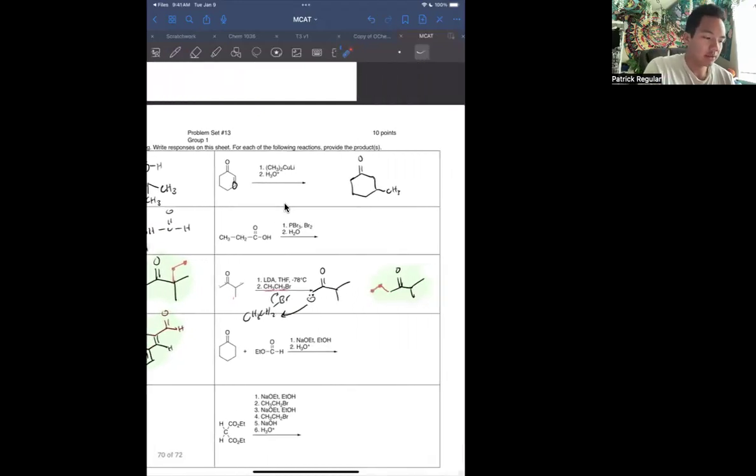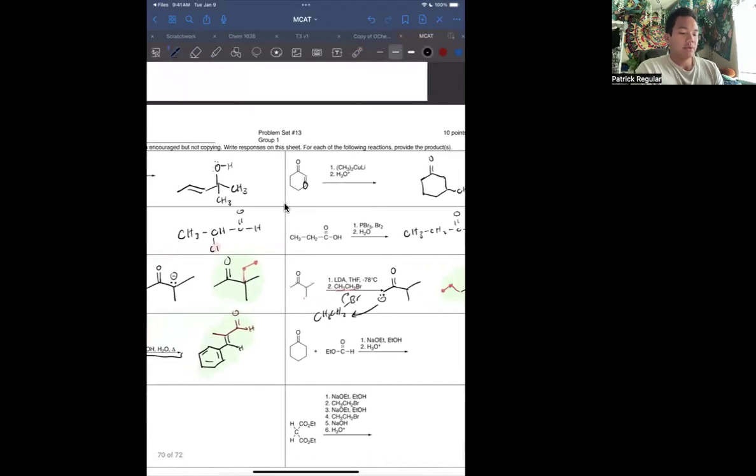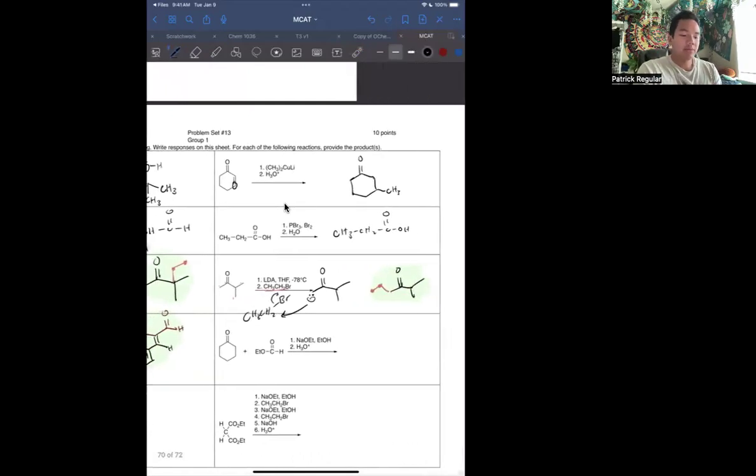For this one, we have CH3CH2COH. Now, this is just going to do the same thing. It adds to the alpha, even on a carboxylic acid derivative. It's just going to add.